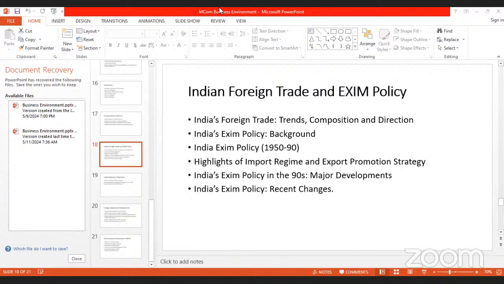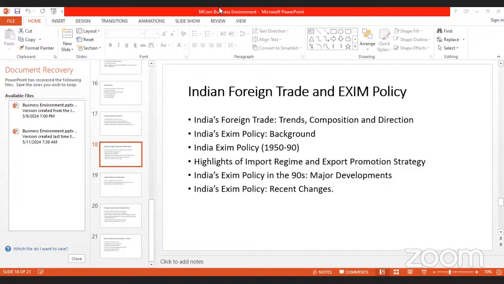Yeah. So under export promotional strategies, export promotion received increasing attention in later years to address trade deficits and foreign exchange constraints. So the first thing was incentives and subsidies.